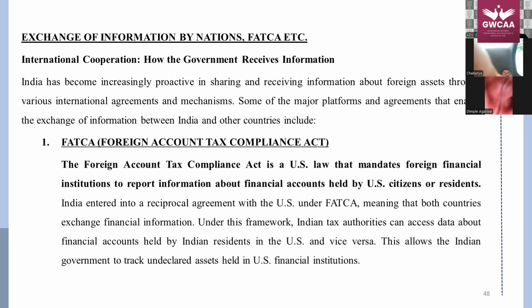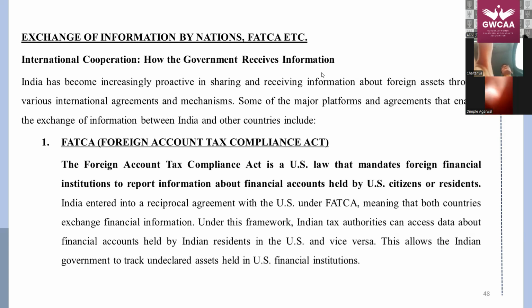So under that, FATCA, the Foreign Account Tax Compliance Act, it is a US law. Under that, the US government has agreed to share with India all the details of Indian residents and their investment in the US, and it's vice versa. In the same way, automatic exchange of information, then double taxation avoidance agreement.